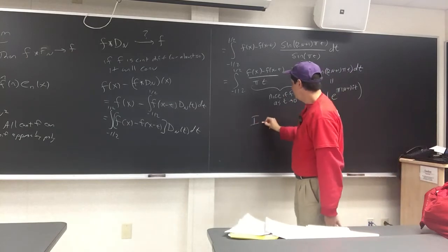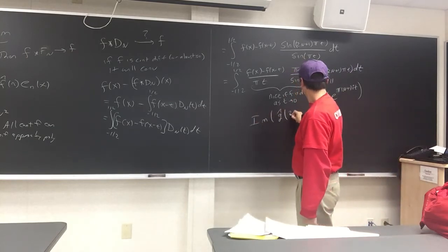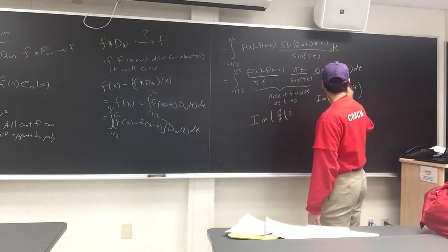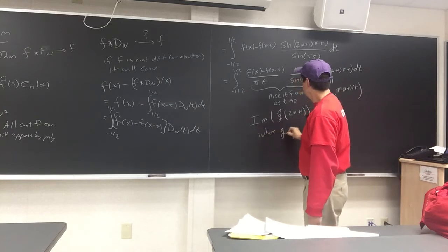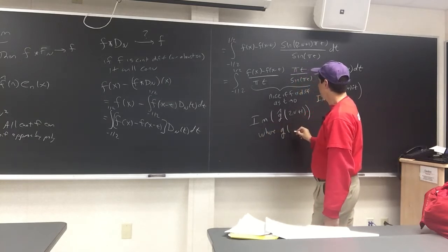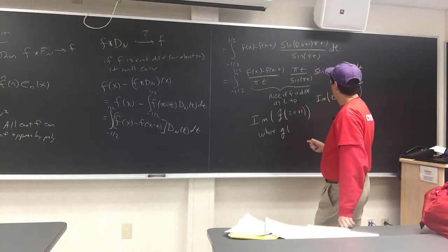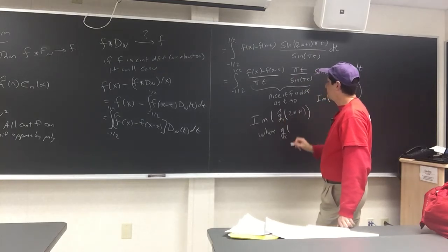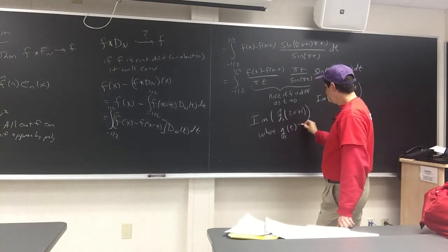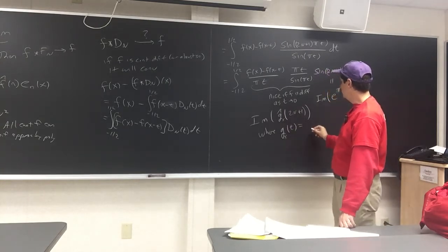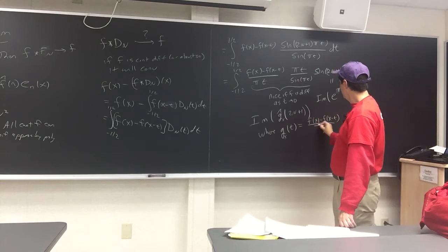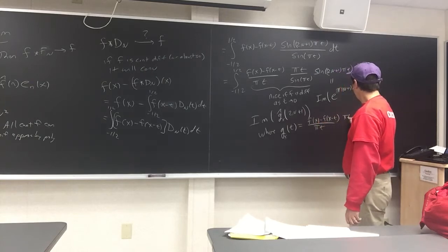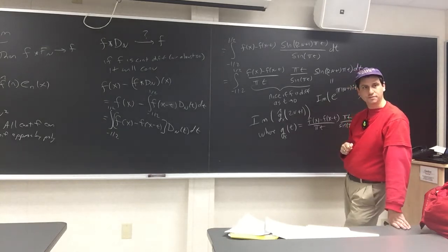So we have the imaginary part of g hat of 2n plus 1, where, we've got to be careful, we'll call it g sub x of t, is going to be f of x minus f of x minus t over pi t, over sine pi t. That's a nice function.